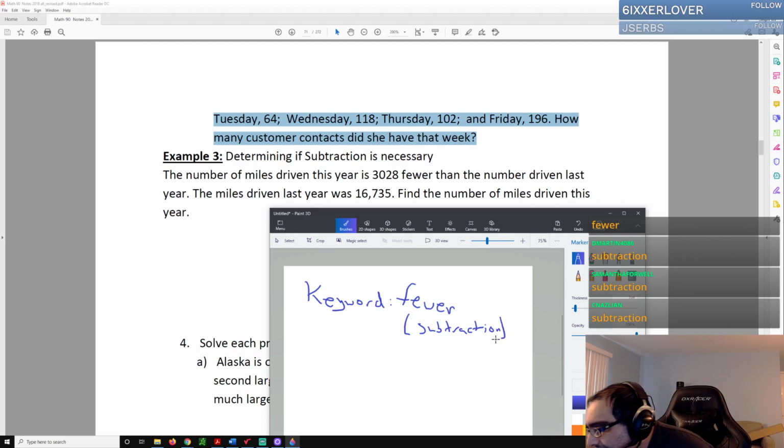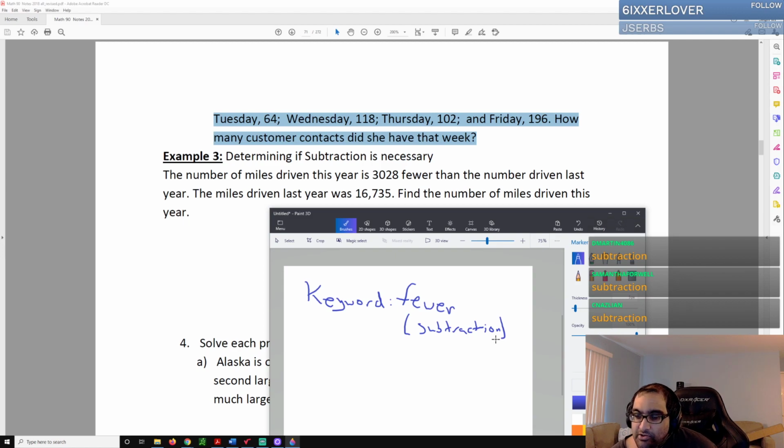Okay, now, one thing that's going to be very important in problems like these is that since we have claimed that subtraction is going to be the way to go here, remember that order matters in subtraction. Okay, so we're going to subtract two numbers together, but order definitely matters.